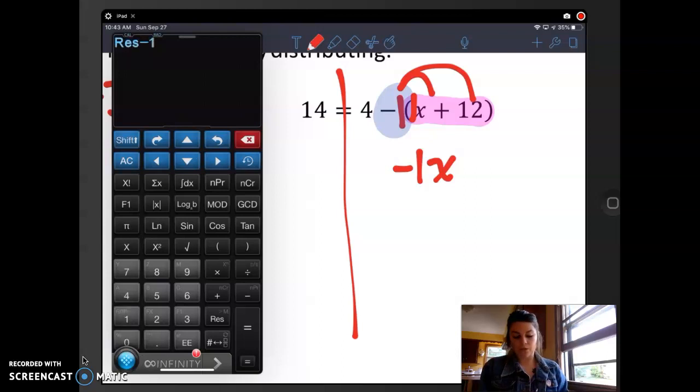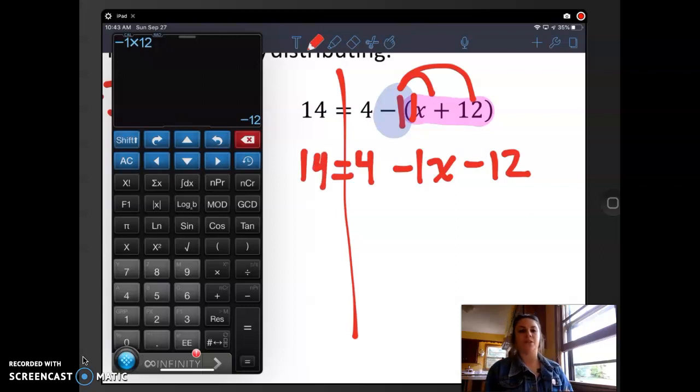This is a good example of making sure you're clearing your calculator before you go on to your next question. So negative 12 is the answer to that one. We didn't do anything with the 4, so we just rewrite it, and then the 14 also, we didn't do anything with that.